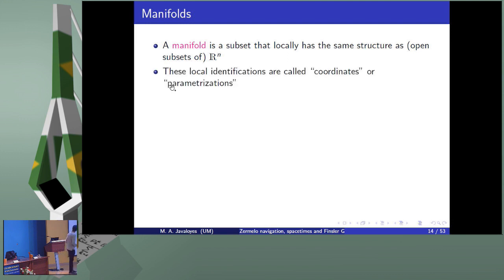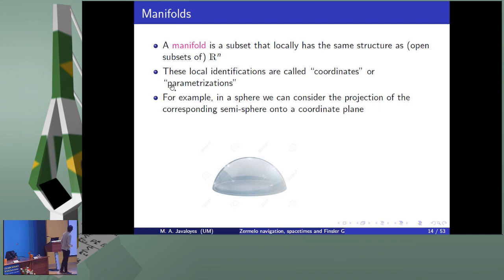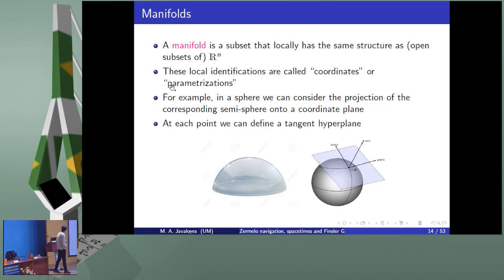It can be identified with Rn through coordinates or parameterizations. For example, if you consider a semisphere, a parameterization is given by the projection onto the coordinate plane. And it's very important in manifolds that you have a tangent plane. At every point you can define the tangent plane, which in surfaces is very intuitive.